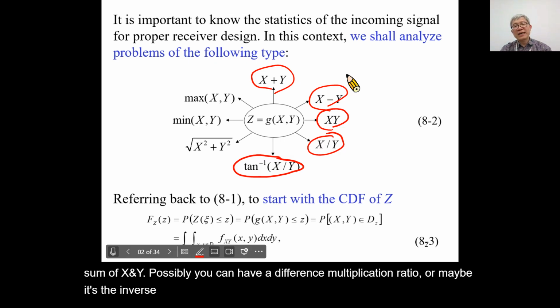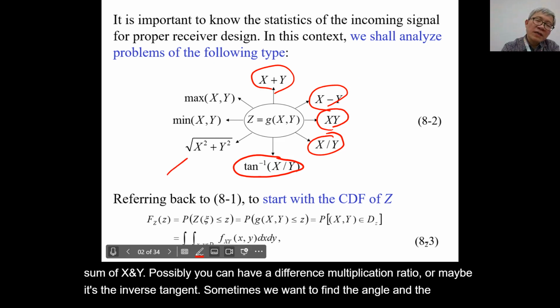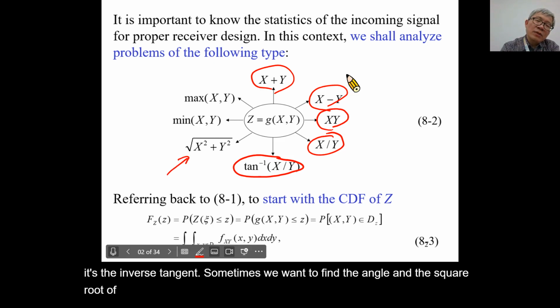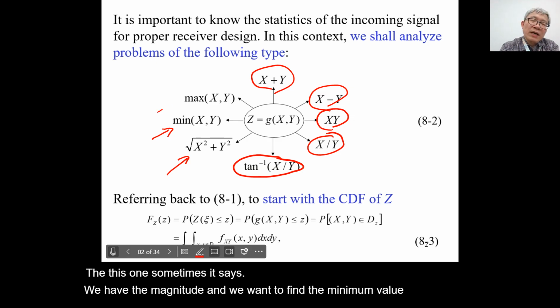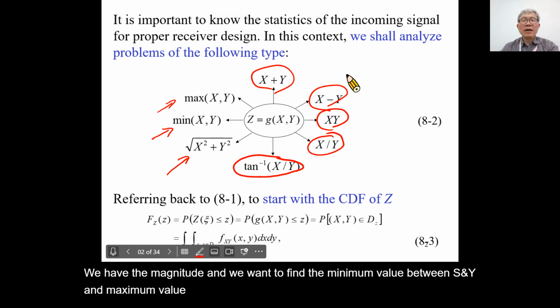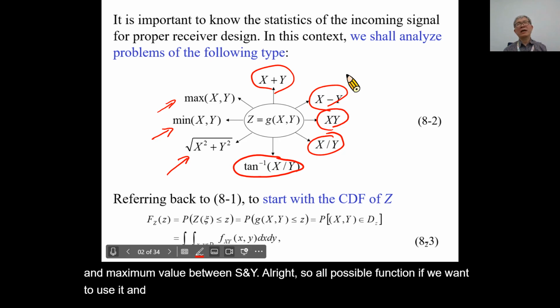Sometimes we want to find the angle, or the square root, which gives the magnitude, or the minimum and maximum value between X and Y. For all possible functions, we can have a derivation.